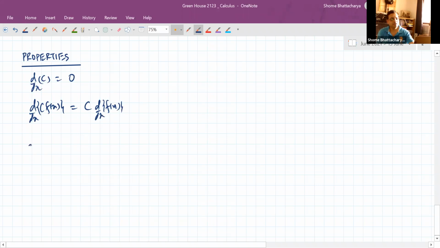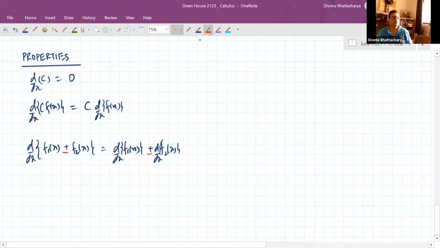Okay. And we've seen that differentiation of the sum or difference of two functions follows the distributive property. Differentiation of first function plus differentiation of the second function. Okay. Or if there's a minus sign in between these two, it's minus differentiation of the second function. So these are the first 3 basic properties.